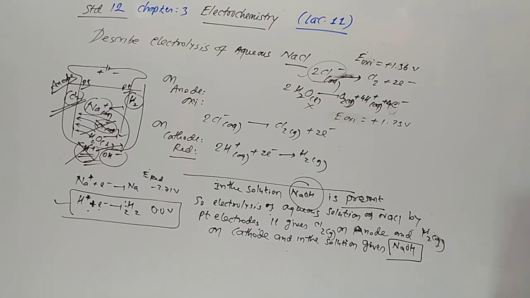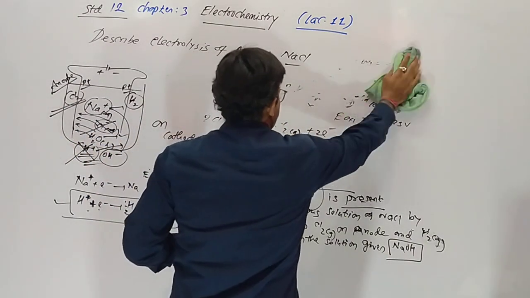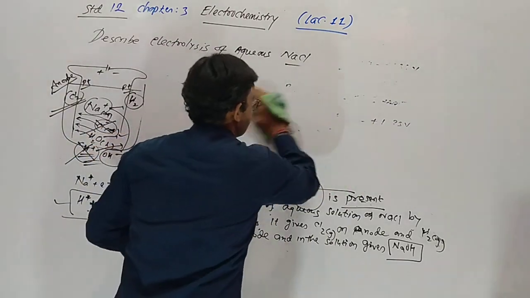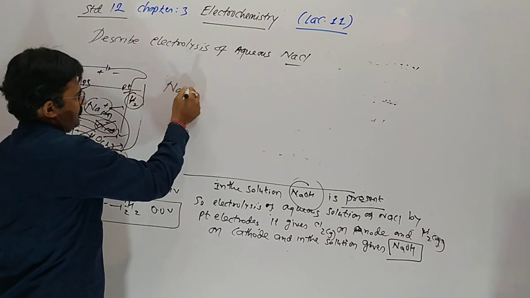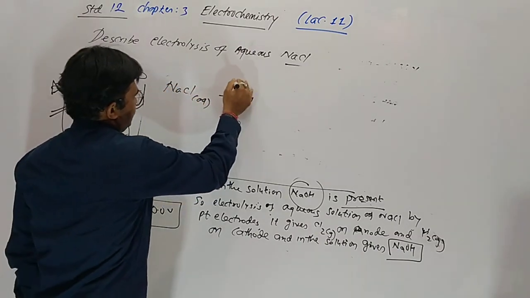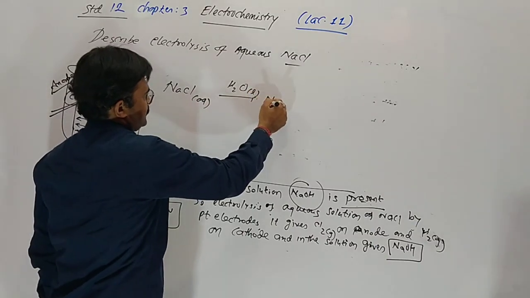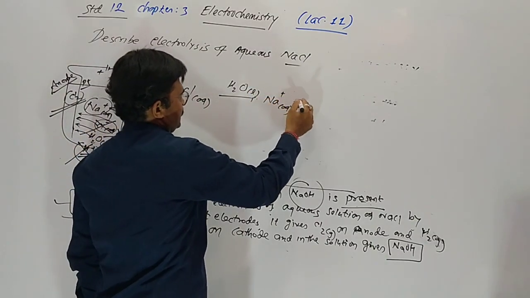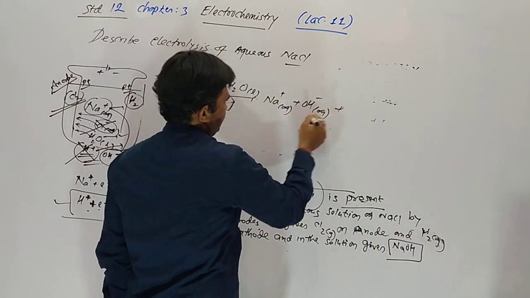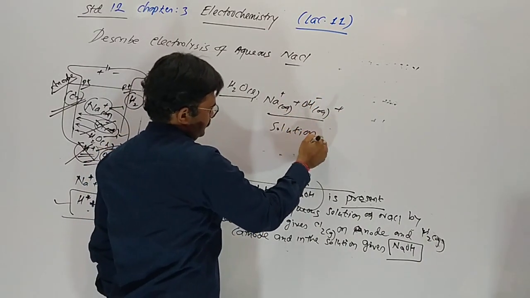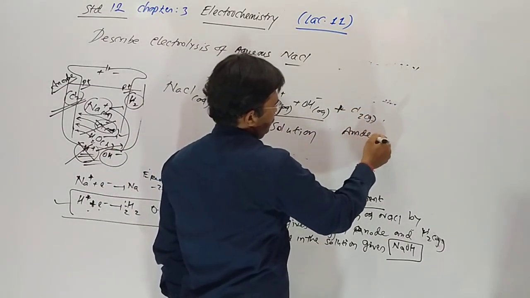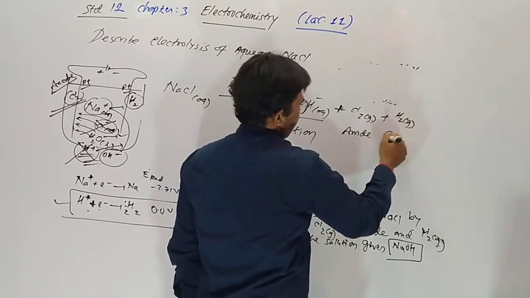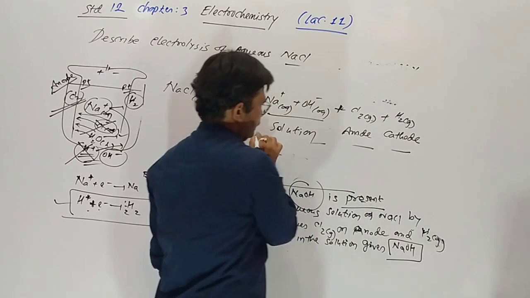So the actual overall reaction is like this. Overall reaction of aqueous NaCl: NaCl aqueous in the water gives Na plus, OH minus, means NaOH in the solution. Chlorine gas on anode and hydrogen gas on cathode.